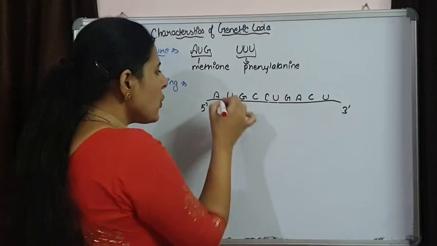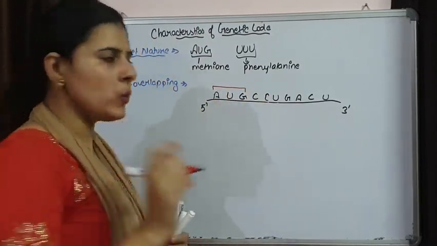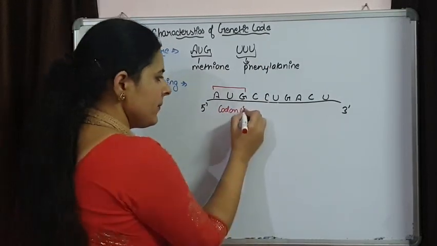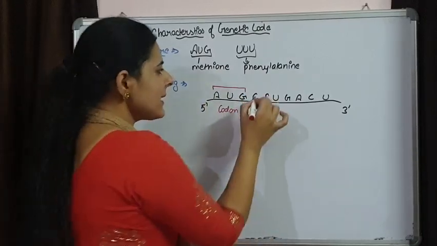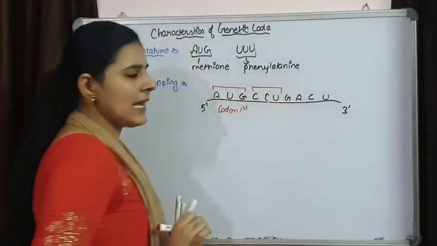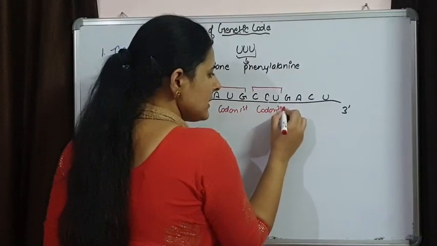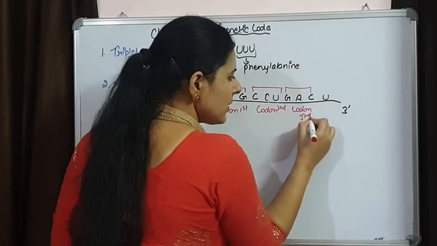So this codon will be read as codon 1, these first 3 nitrogenous bases. The second one is going to come at the A site, so it will be codon second. Again this will be read as codon third.